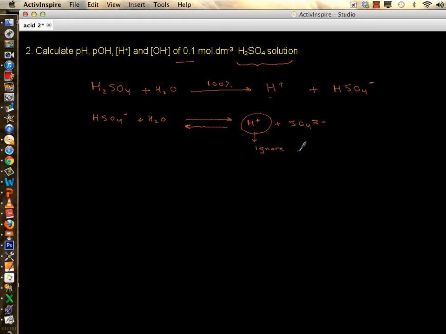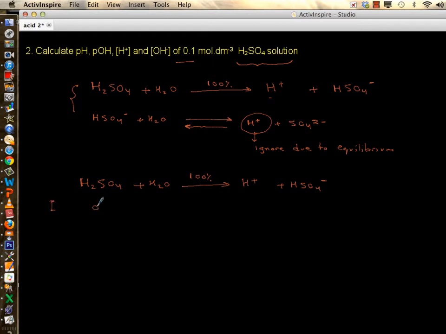Ignore due to equilibrium. And if we do that, which is quite okay, if you take H2SO4, I write the first equation again, and if this is 100% dissociation, giving me H plus and HSO4 minus, I'm going to do my direct calculation on this reaction.